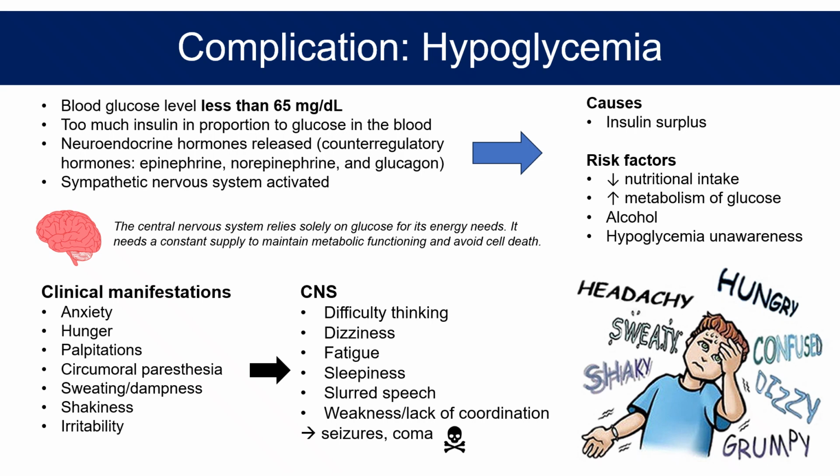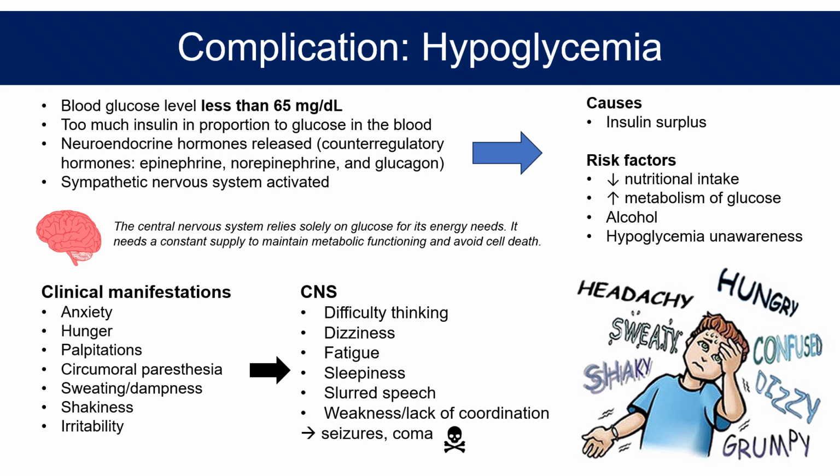Okay, so the central nervous system relies solely on glucose for its energy needs. So it has to maintain a constant supply in order for those brain cells not to die. So that is why when you are having signs and symptoms of hypoglycemia, your body is getting very, very uncomfortable. And if we don't correct it, our central nervous system will become affected and we will see neuro signs and symptoms.